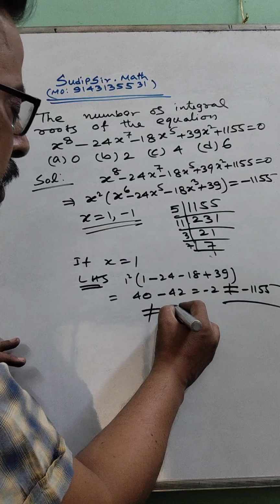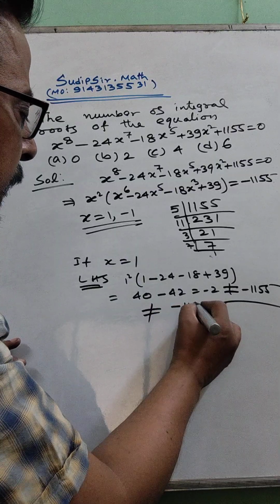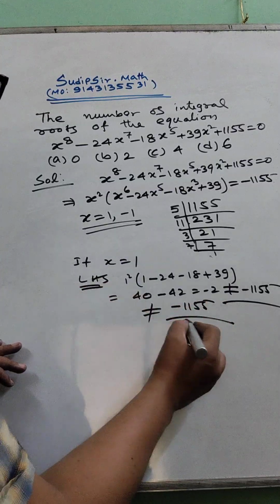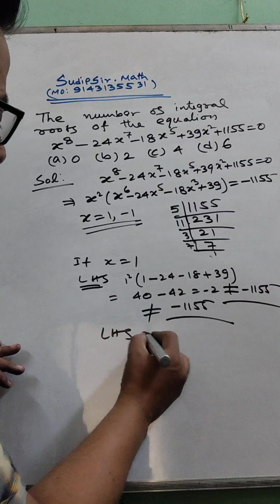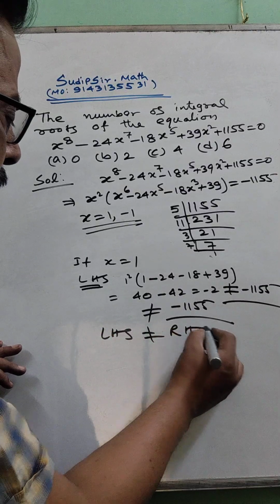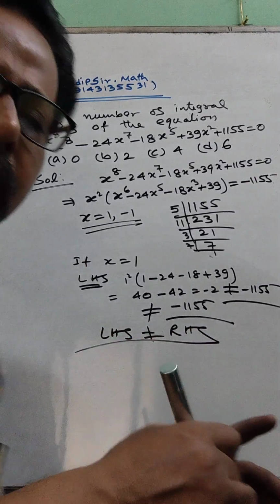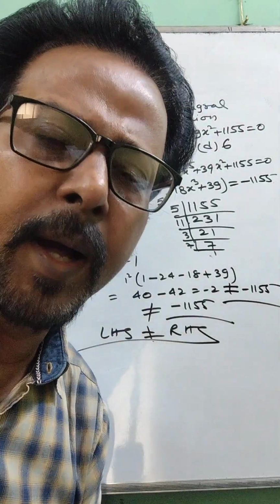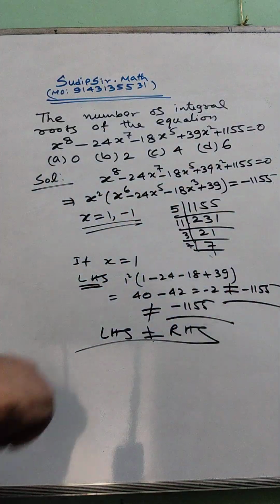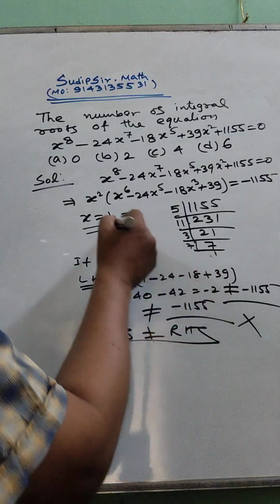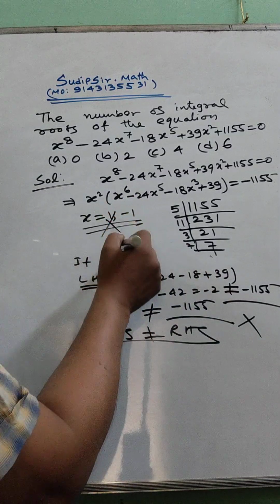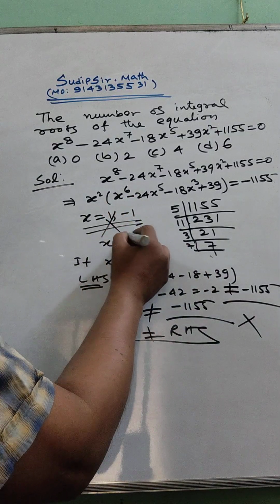For x equal to 1, LHS is not equal to RHS. Okay, so this is not valid, so x is not equal to 1.